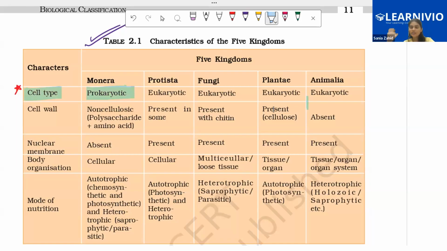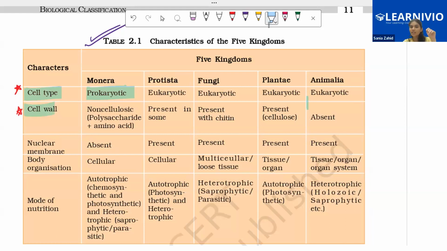He said, okay, fine, let's first classify prokaryotic and eukaryotic. So he got two groups: Monera and all the other organisms on one side. So there was a prokaryote and eukaryote classification. Then he came to the next category, which was cell wall. And he said, now organisms have various kinds of cell wall. So he said a cell wall can either be present or absent.